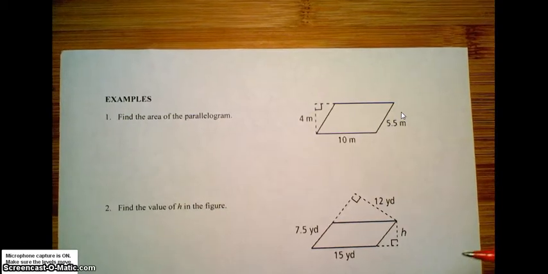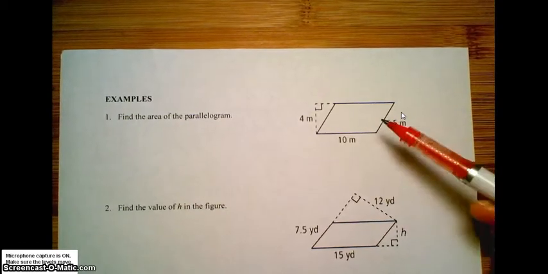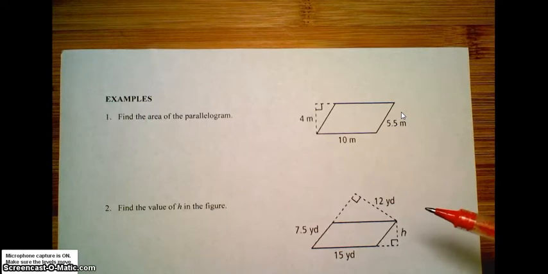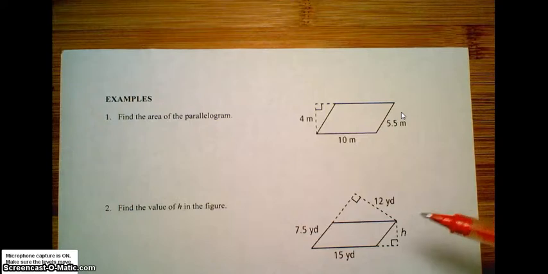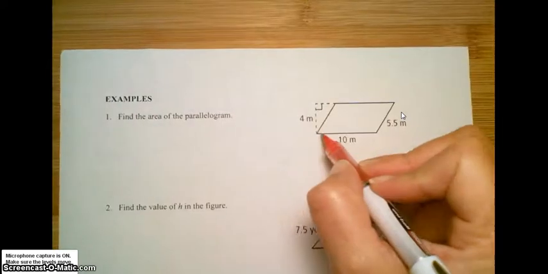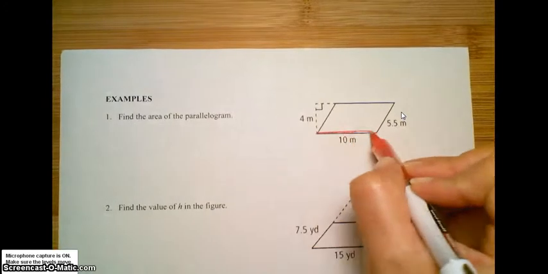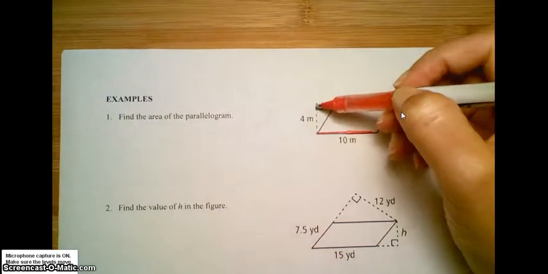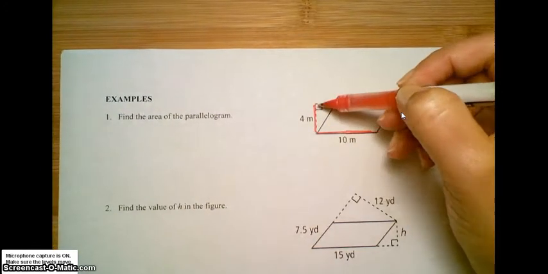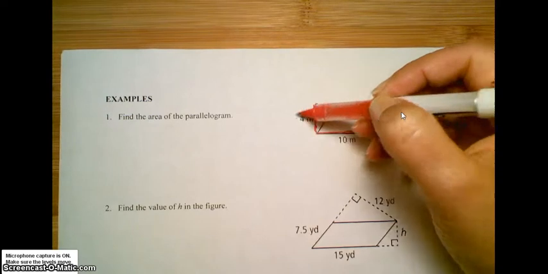Okay, for this first example, we're finding the area of this parallelogram. So we want to use one of the sides as the base, and then of course the height connecting it to the opposite base. So if we take a look here, this side, 10, I know that the perpendicular distance across is 4.